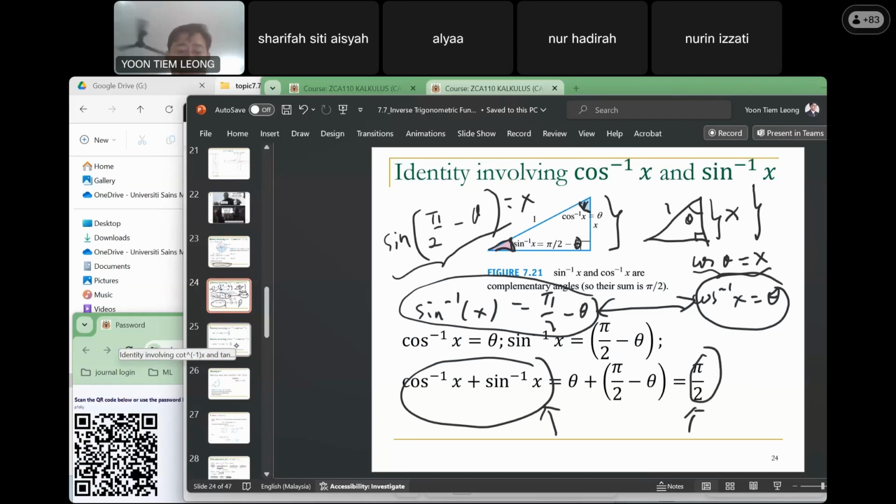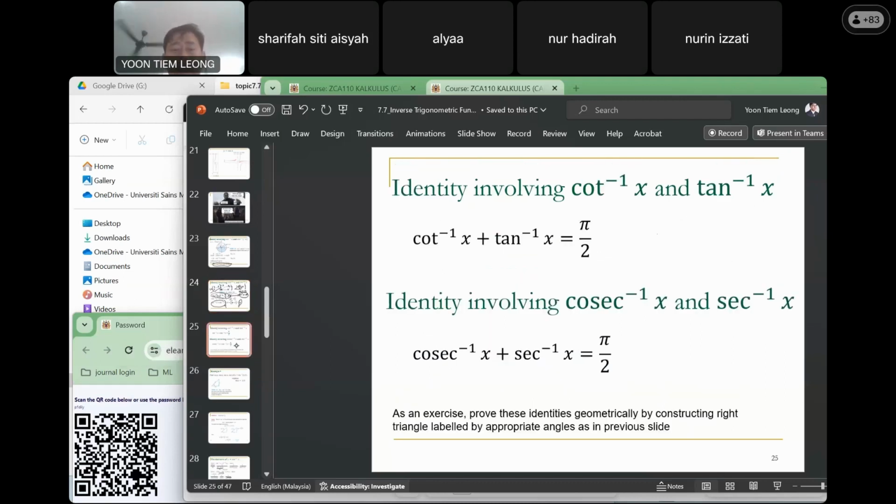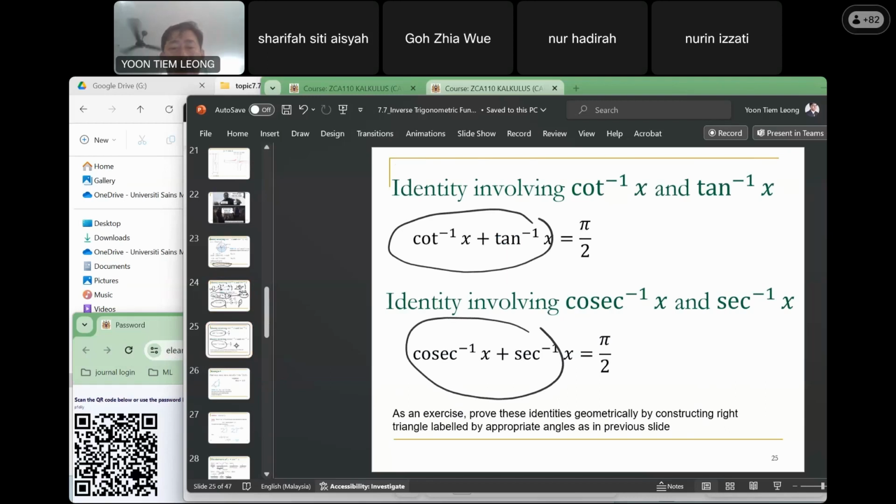The next two identities are very similar. You have arctangent plus arccotangent, and the other two identities are that arctangent and arccotangent sum up to 90, and arccosecant and arcsecant sum up to 90 degrees.